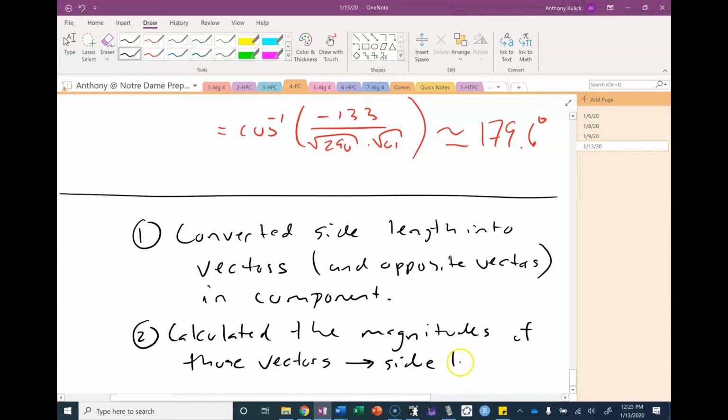Then I calculated the magnitudes for those vectors, which give me the side lengths. And remember that a vector and its opposite vector have the same magnitude, so I don't have to do that magnitude 6 times. Just doing it once is enough for each in the pair. Okay with that?